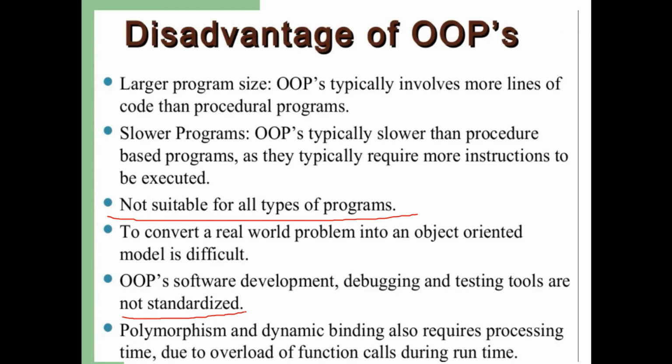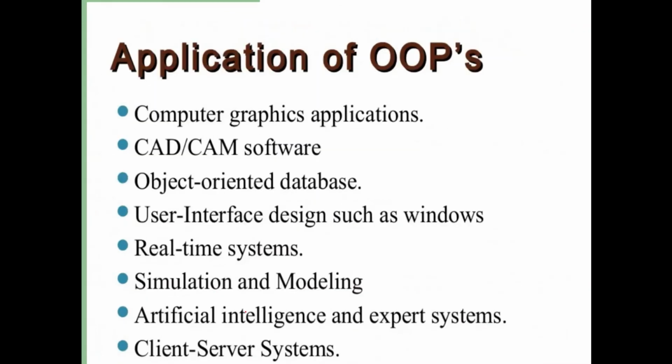Polymorphism and dynamic binding also require processing time due to the overhead of function calls at runtime. Because we have to overload the functions and the operators, it requires time while processing. So these are the disadvantages of object-oriented programming concepts.